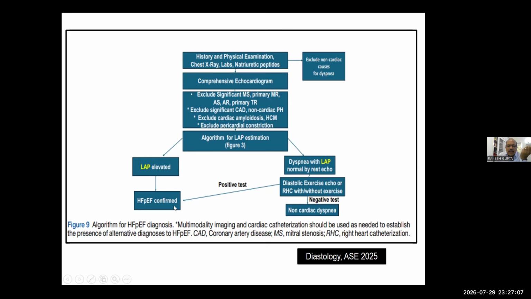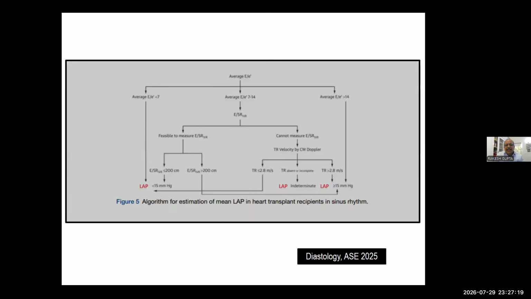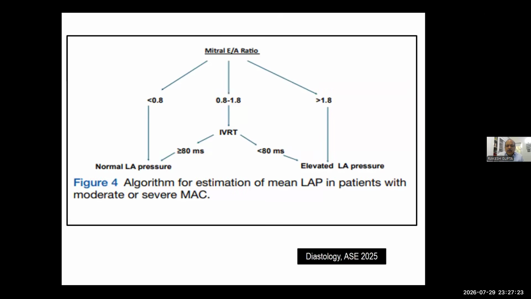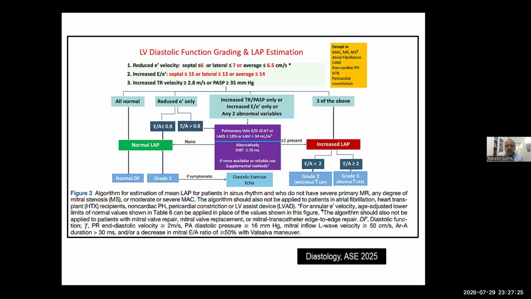We talk of heart failure with preserved ejection fraction. Again, a big topic, not going into this, but at this level, you can say this possible patient belongs to grade 2 diastolic dysfunction with elevated LA pressures.